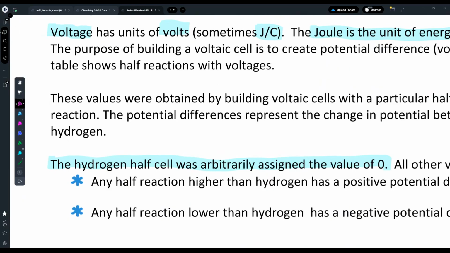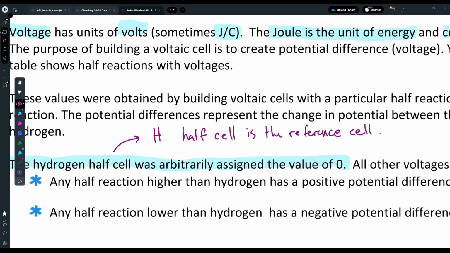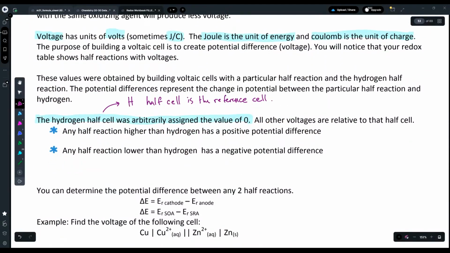So hydrogen half cell is the reference cell. Now, all other voltages on that table are going to be relative to the hydrogen half cell. Any half reaction higher than hydrogen is going to have a positive potential difference, and any half reaction lower than hydrogen will have a negative potential difference.